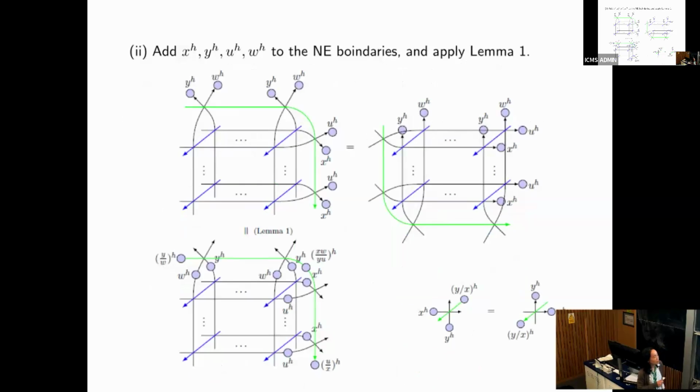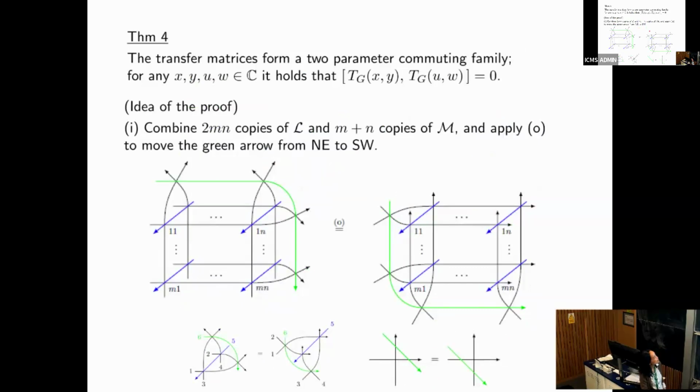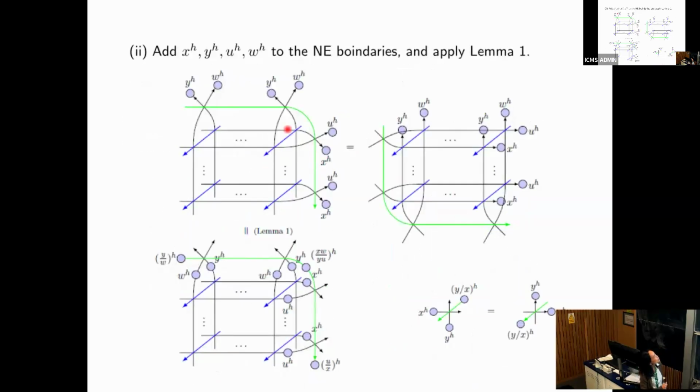Then next, I put spectral parameters at the boundary. So we had this equality, due to the tetrahedron equation, and we put these blue balls at the same place in both sides. And next, we move the blue balls in the left picture by using this relation. So now these balls are moved inside like this.